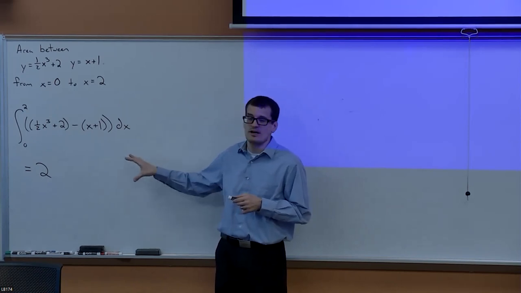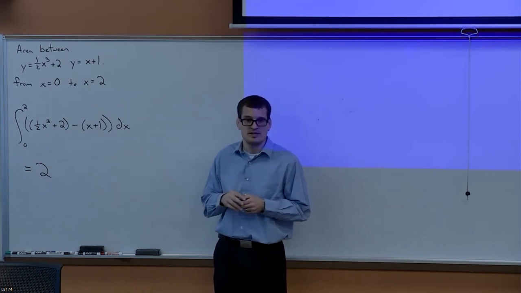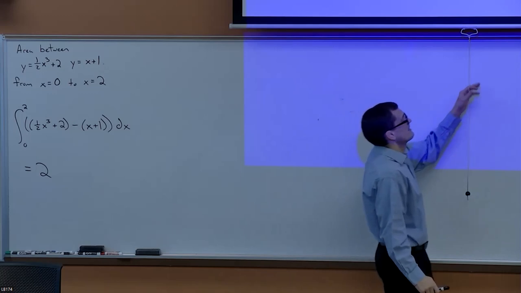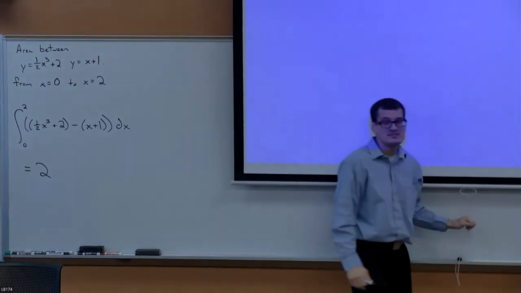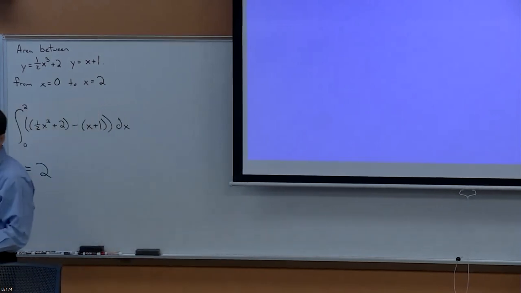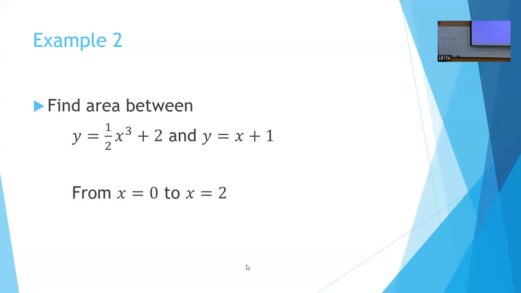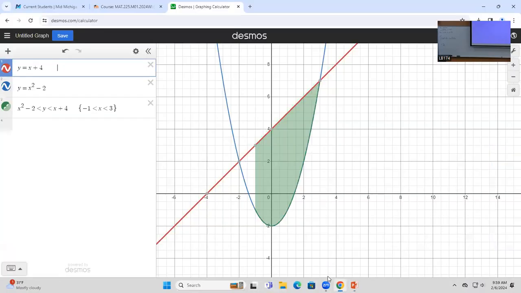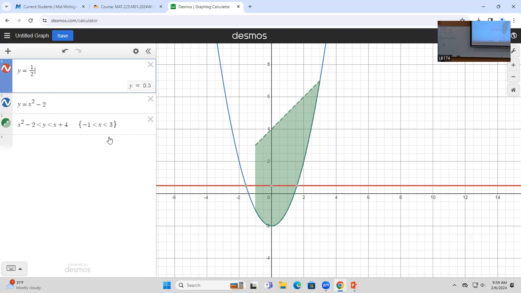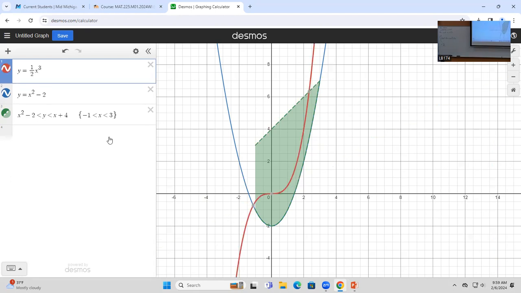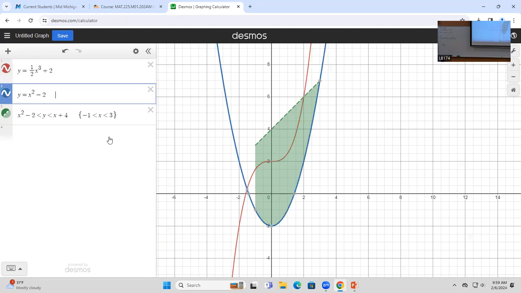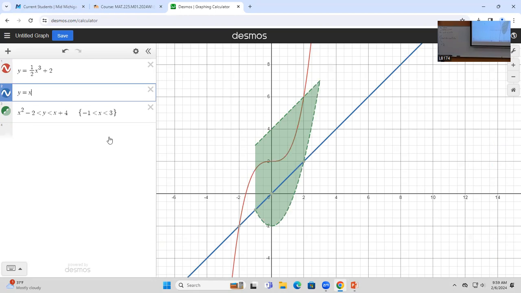Now that, in certain ways, should kind of blow our mind a little bit, that it did come out to be two, because this is kind of a weird looking area. If we graph this on Desmos, we have y equals 1/2 x to the third plus 2, and then y equals x plus 1.